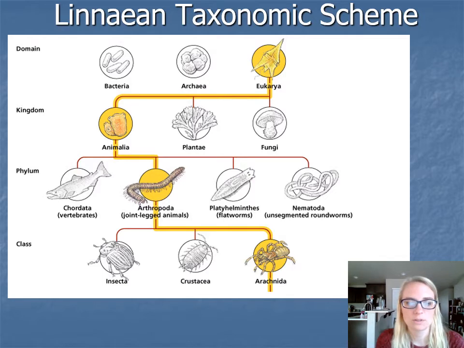Plants are multicellular, photosynthetic, and usually sessile, which means they don't move around. Fungi are single or multicellular, heterotrophic in that they do not make their own food, and have other characteristics like a chitin cell wall.